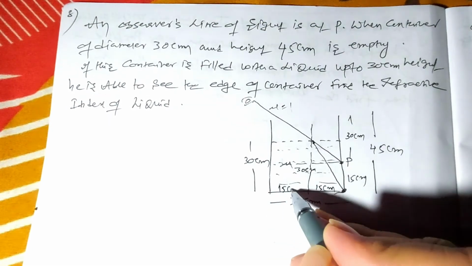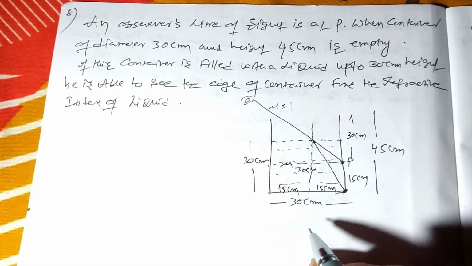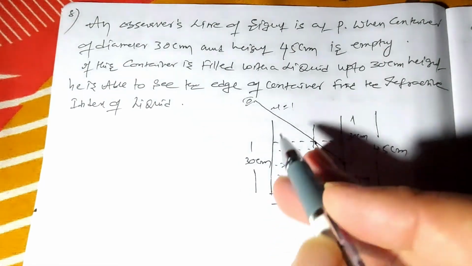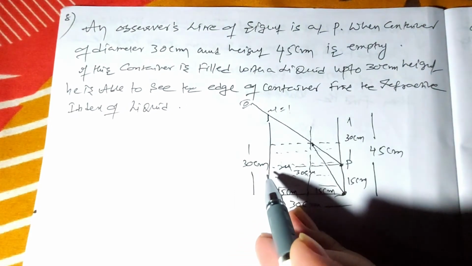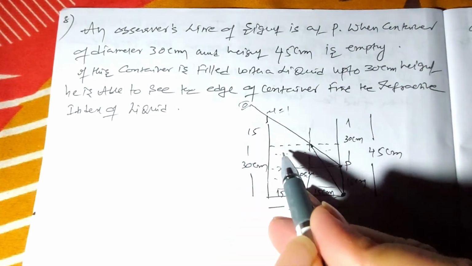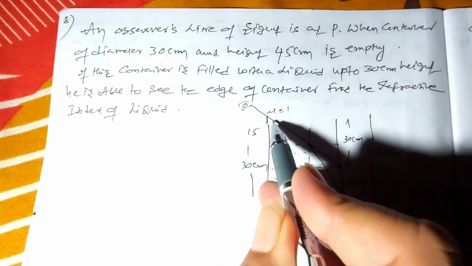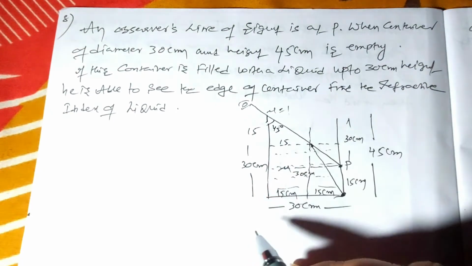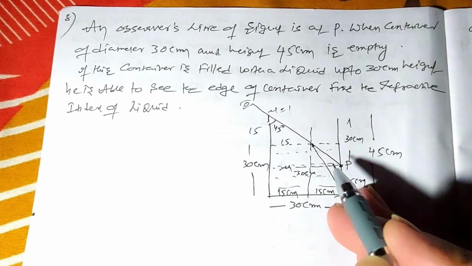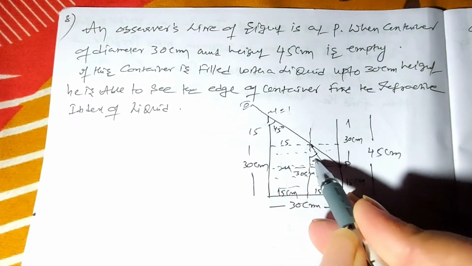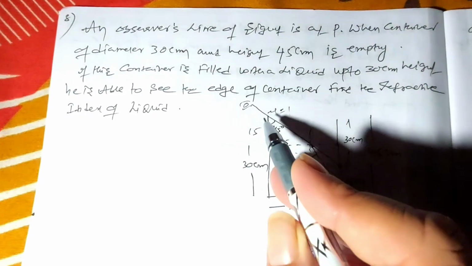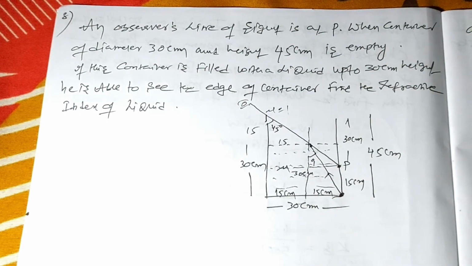According to geometry, this angle must be 45 degrees. And this is the angle of incidence, where the light ray comes from the edge of the container and reaches the observer's eye.